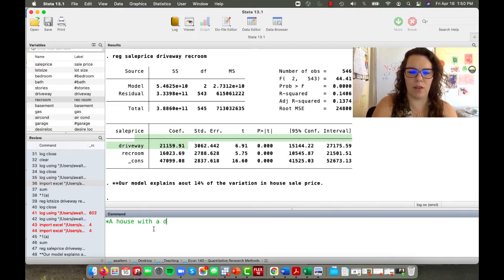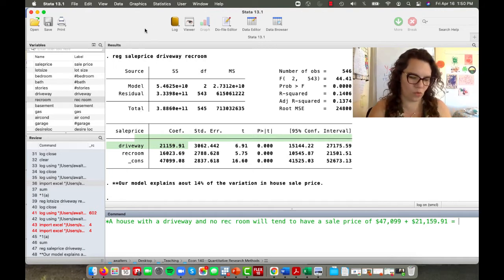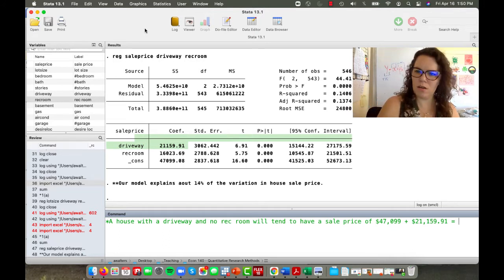A house with a driveway and no rec room will tend to have a sale price of our constant, which is $47,099, plus the coefficient for driveway, $21,159, which gives us a total of 21,159 plus 47,099 equals $68,259.